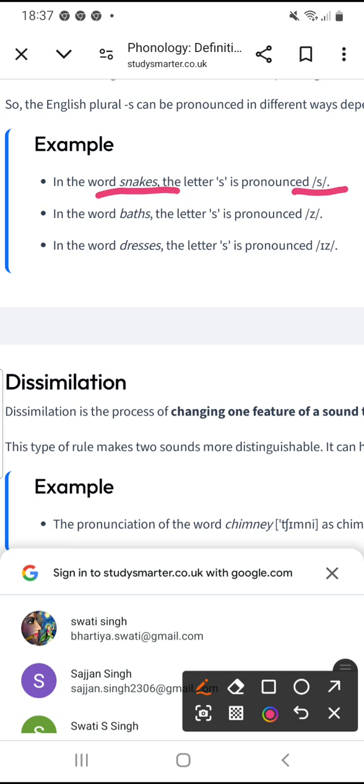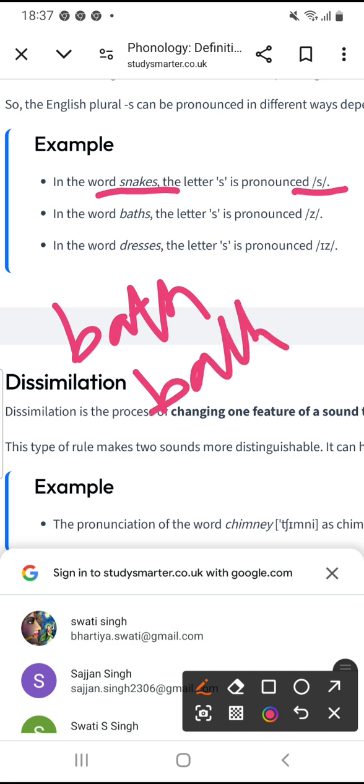But in the word bath, the plural baths, here s is pronounced as z, while in snakes s is pronounced as s only.